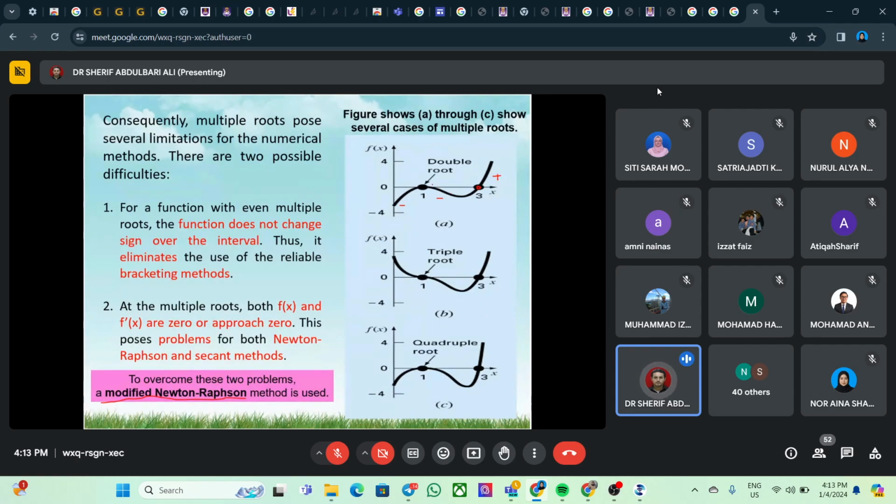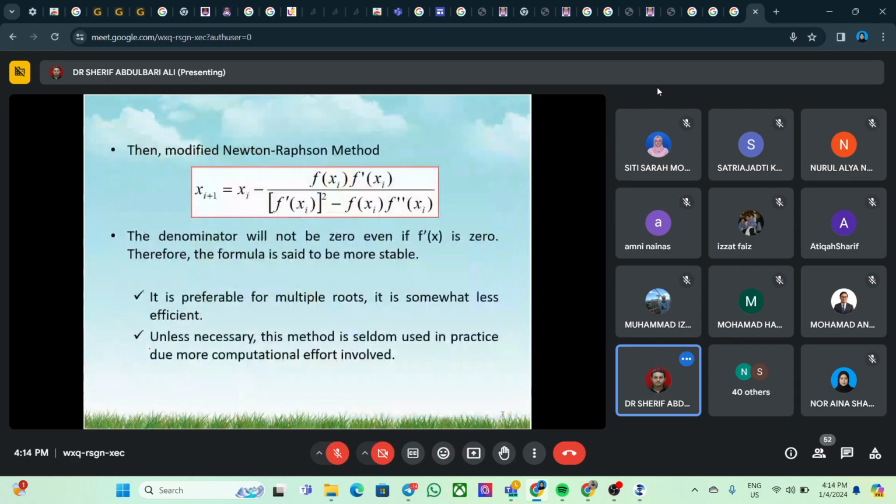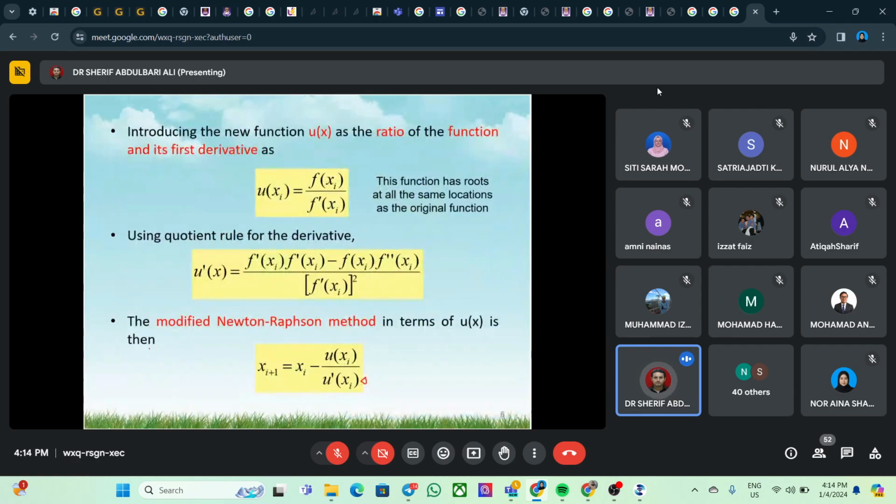That means we are going to find this value, and also you can find this value. Even though this value is just touching the x-axis and not crossing it. So how can we do that? Using the modified Newton-Raphson.